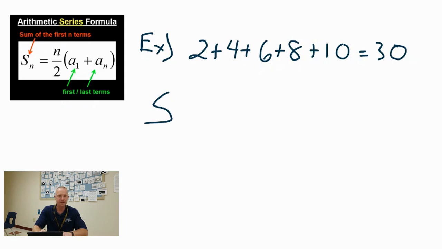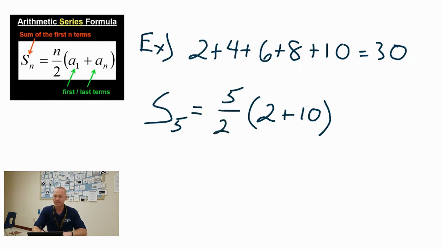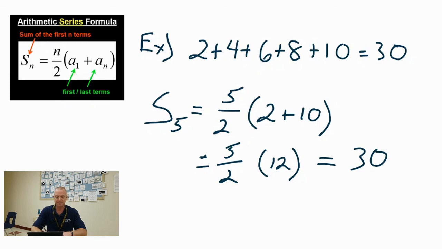Well, the series of these 5 numbers, in other words, the sum of these 5 numbers, is going to be the first term plus the last term times the total number of terms divided by 2. What do we end up with here? We end up with 12 times 5, which is 60, divided by 2. We end up with 30.